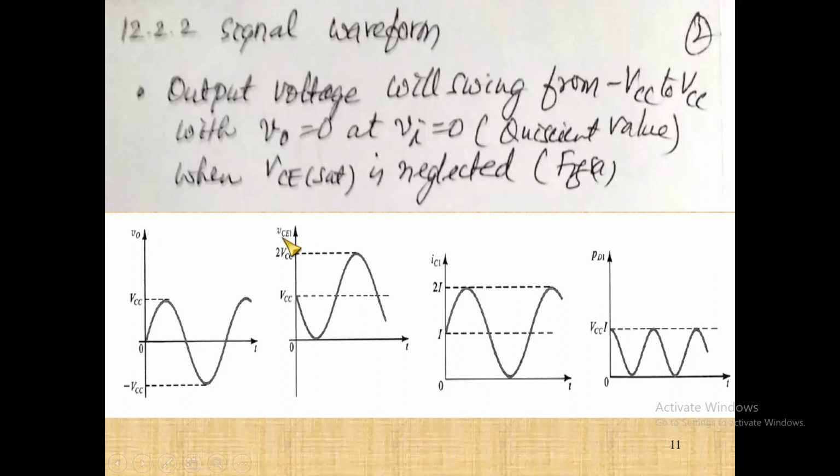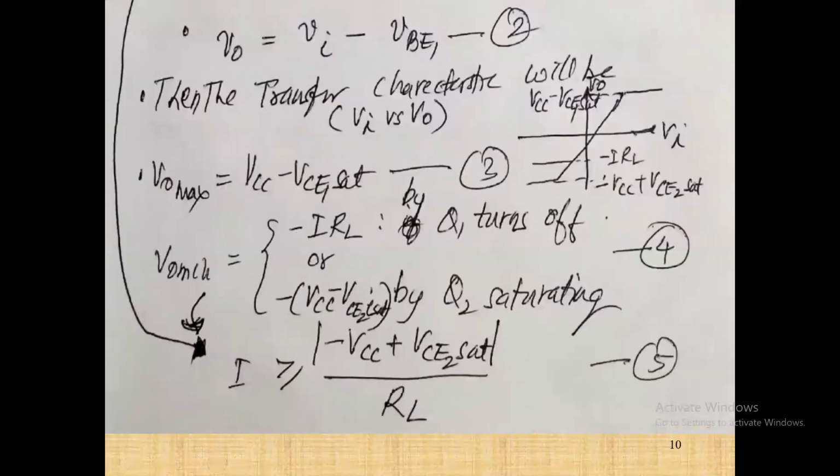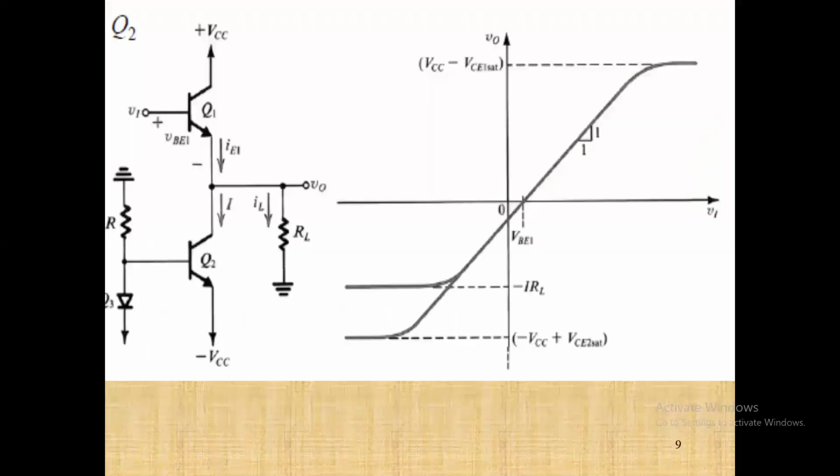So V naught will be this waveform, which is specified by this range. VCE will naturally be, if you see here, V naught will be VCC minus VCE.